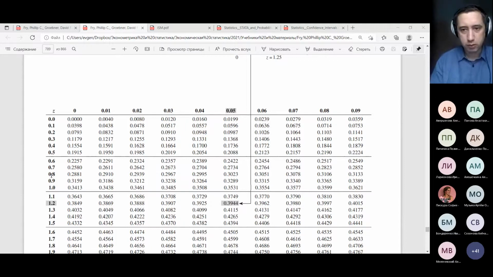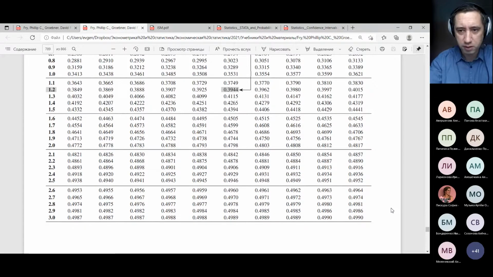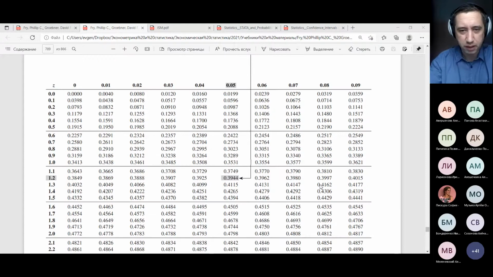Well, how is this possible? 8413. That's strange because the maximum value in our table cannot exceed 0.5. Maybe in your table the author multiplied all numbers by 2, but anyway, in this case, the number should be different.